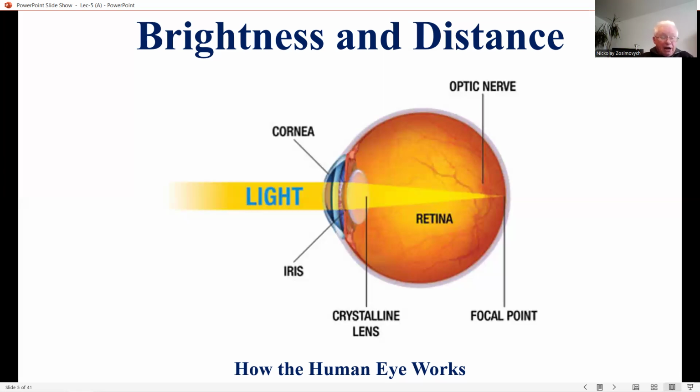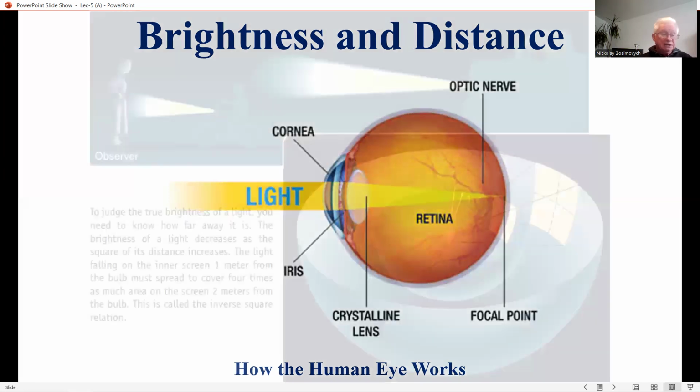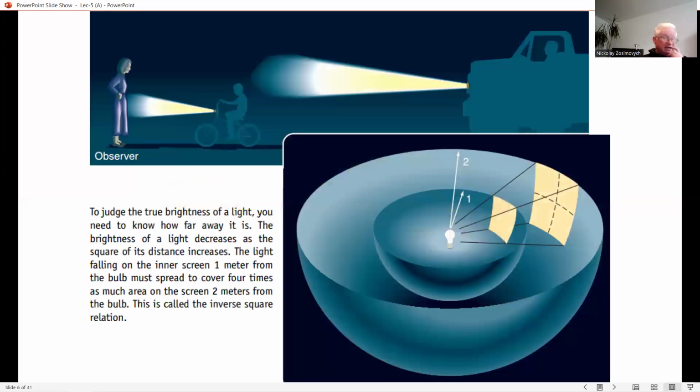The apparent brightness of a light source is related in a simple way to its distance. Imagine that you enclosed a light bulb at the center of a special screen. The light that falls on a single square meter of that screen is shown in yellow in this slide.